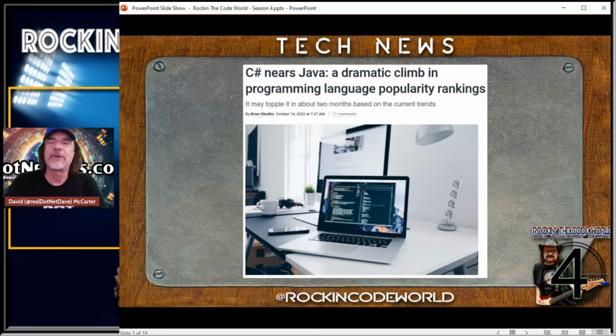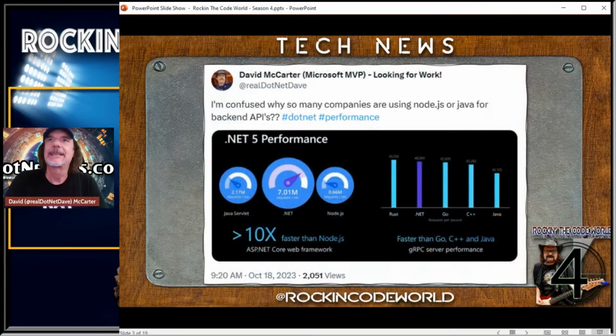Which kind of also goes along with a tweet I did earlier this week, because I was looking at job postings and I see all these job postings for back-end developers, which I tend to be more of these days. And they want to write their APIs in Node.js and these other languages that I just don't think are as performant as C#.